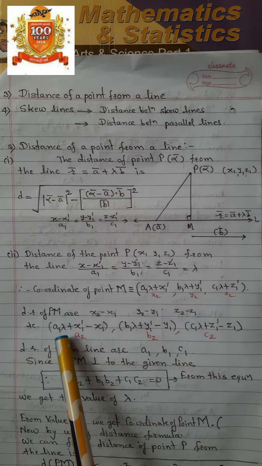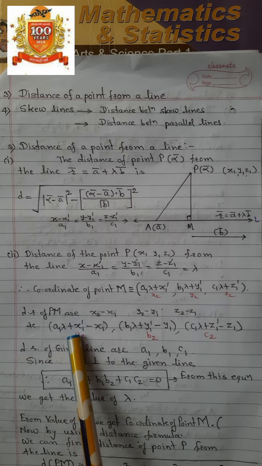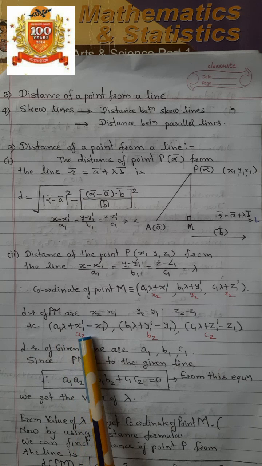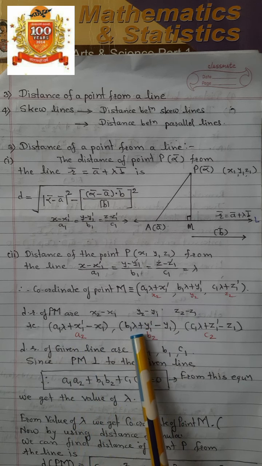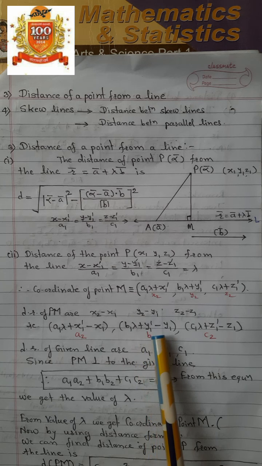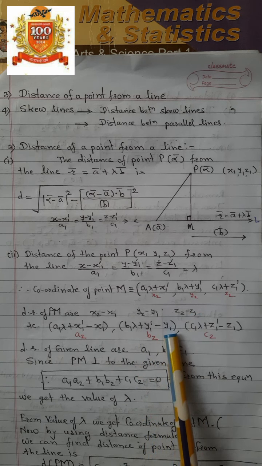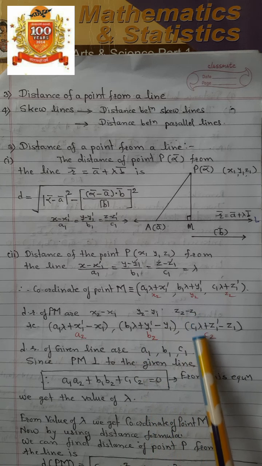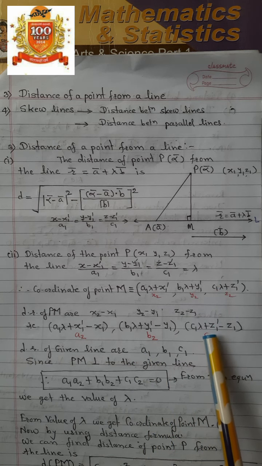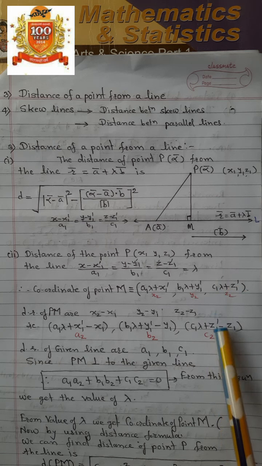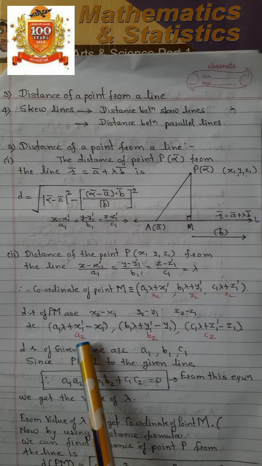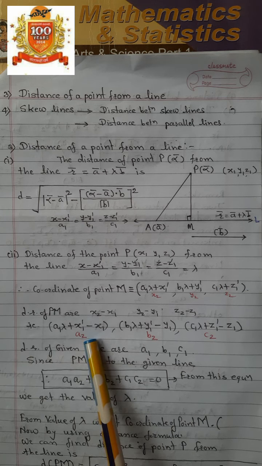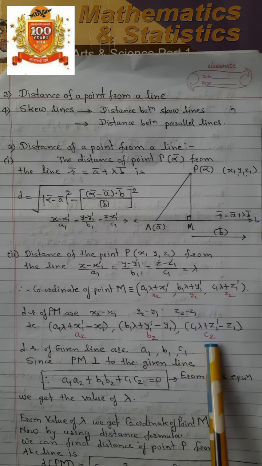That is, x2 is a1 lambda plus x1 dash minus x1, y2 is b1 lambda plus y1 dash minus y1, z2 is c1 lambda plus z1 dash minus z1. Now we denote these as a2, b2, c2. Direction ratios of PM are a2, b2, c2.